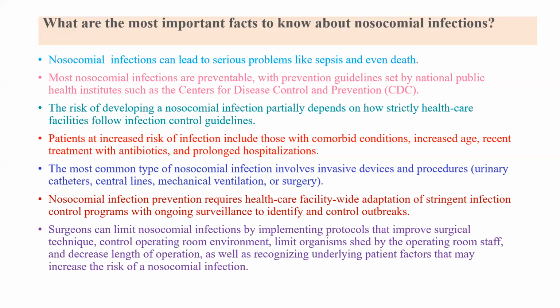Surgeons can limit nosocomial infections by implementing protocols that improve surgical techniques, control the operating room environment, limit organisms shared by the operating room staff, and decrease length of operation, as well as recognizing underlying patient factors that may increase the risk of a nosocomial infection.